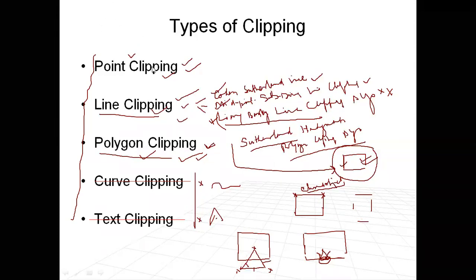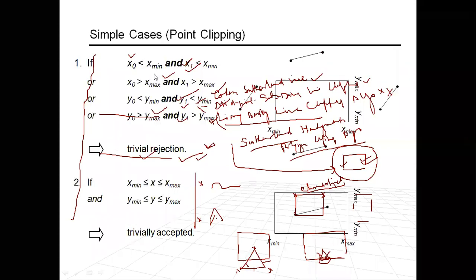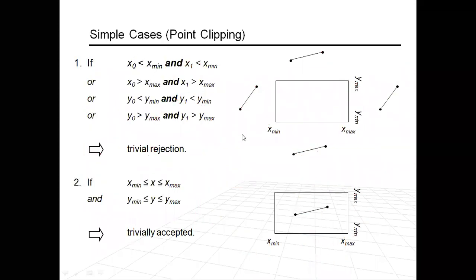What is the point clipping algorithm? Basically, the point clipping algorithm allows you to identify whether a point is lying within the visible region or outside the visible region.